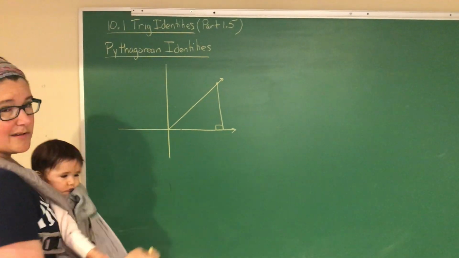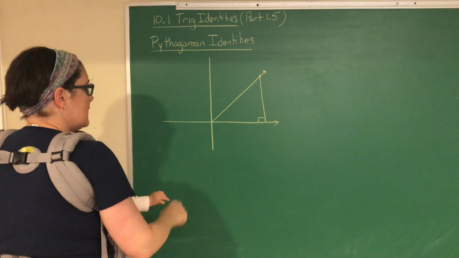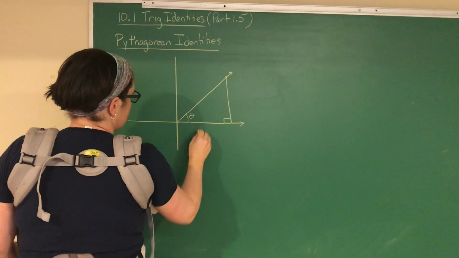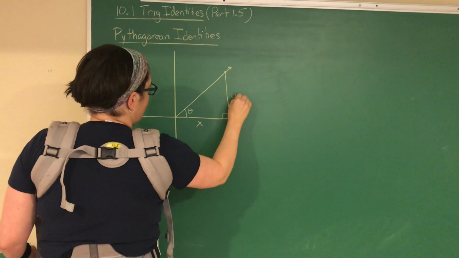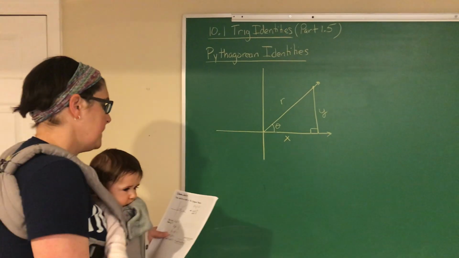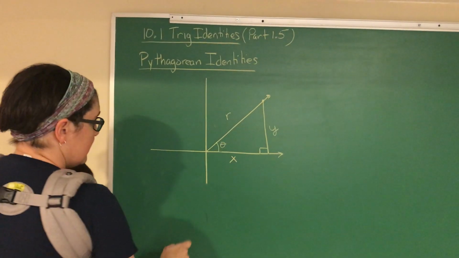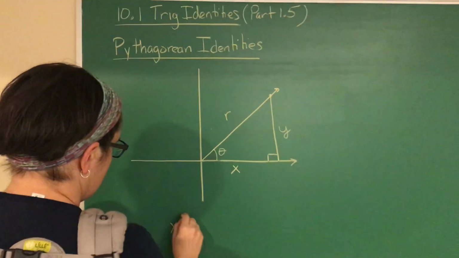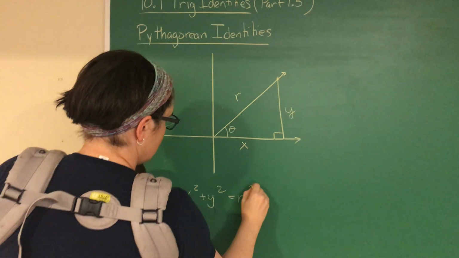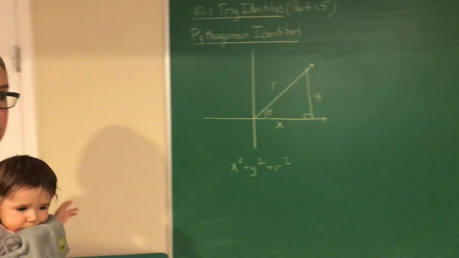And in terms of a regular triangle in standard position, we have our angle in here of theta. We have our x, our y, and the r value on our right triangle. All right, now Pythagorean theorem says that x squared plus y squared is equal to r squared. So we're going to use that piece of information.